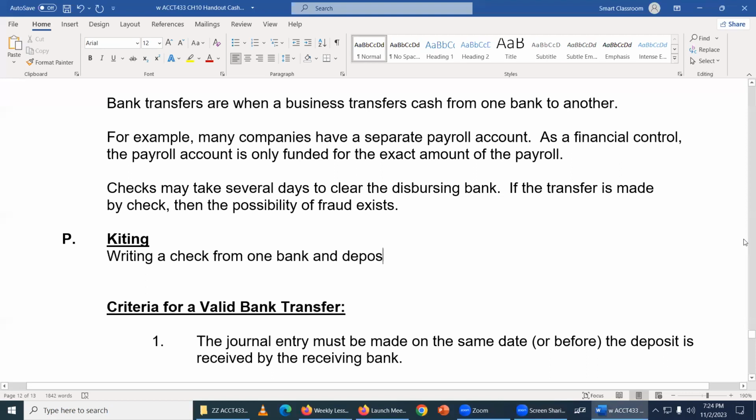Writing a check from one bank and depositing it in another.